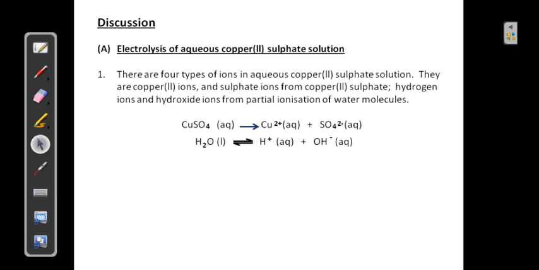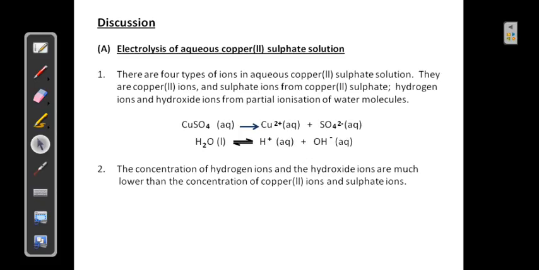So the concentration of hydrogen ions and hydroxide ions is much lower than the concentration of copper 2 ions and sulfate ions.